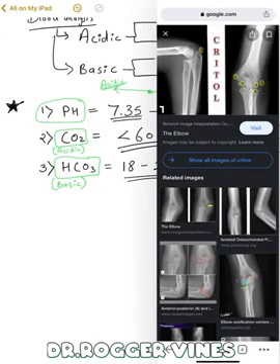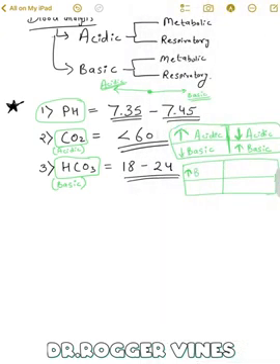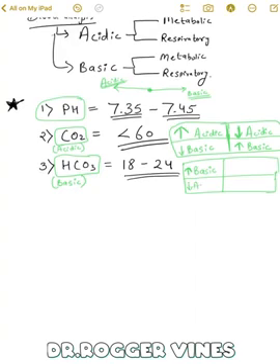It is more basic. And if the bicarbonate is increased, it is less acidic. Right, guys? And if the value decreases, if it is less than 18, we can say it is more acidic, or it is less basic.